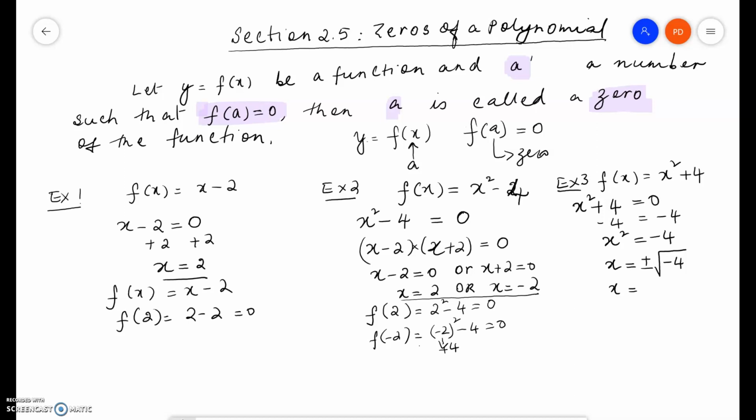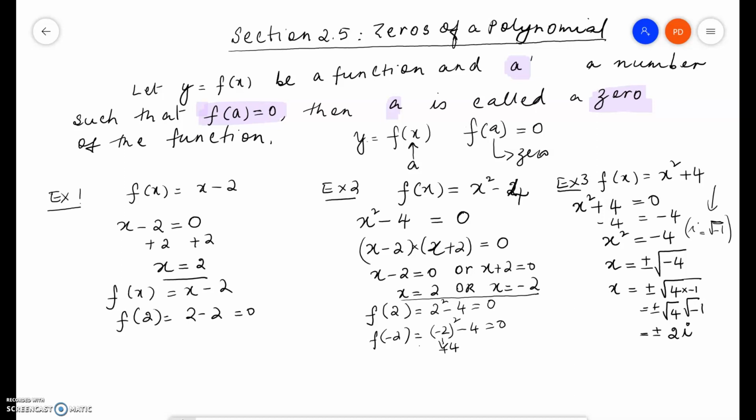So x equals plus or minus square root of 4 times negative 1, which is equal to plus or minus square root of 4 times square root of negative 1, which is equal to plus or minus 2i. Remember that i, the imaginary number, is defined by square root of negative 1.